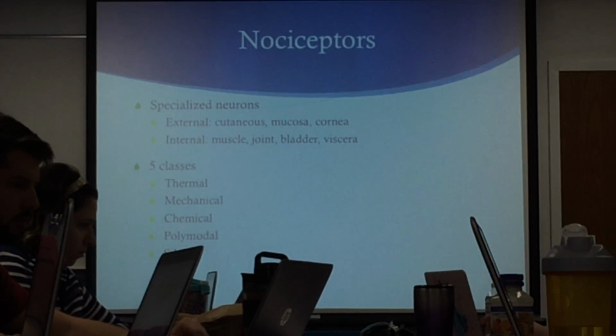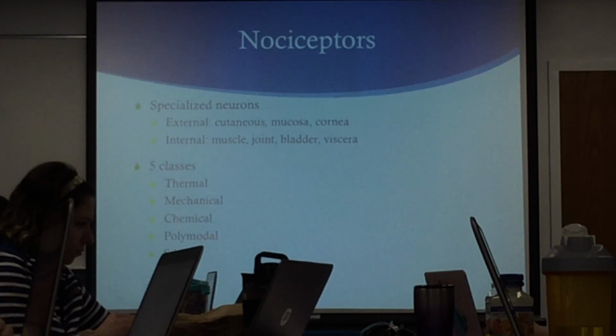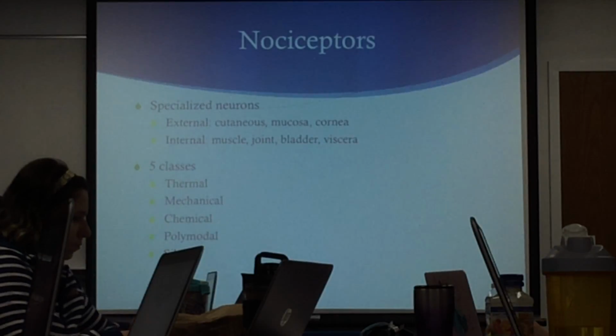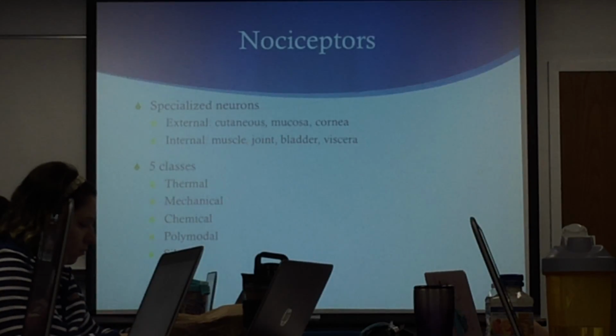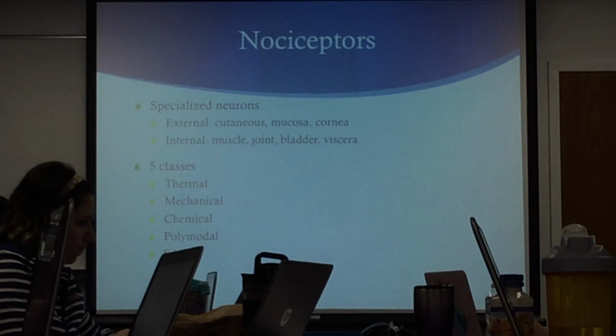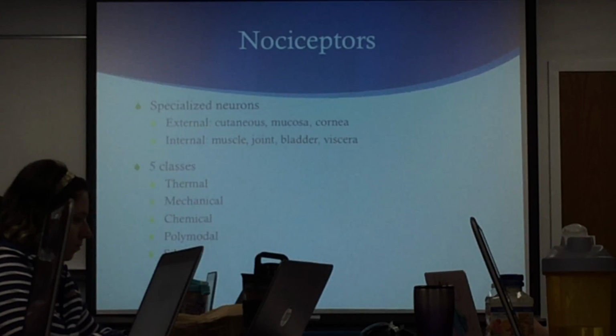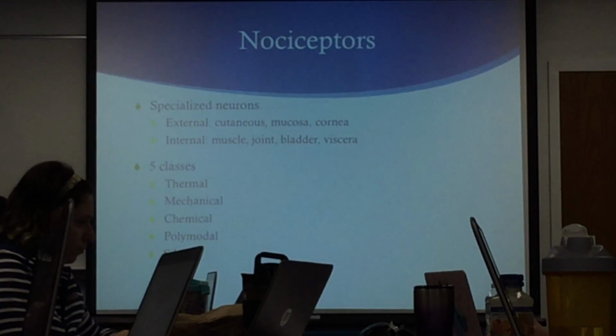So it's important to notice that for a neuron to be classified as a nociceptor, the threshold at which they respond is important. If you apply a thermal stimulus to the area innervated by a particular nociceptor, and it's not painful, then that neuron doesn't respond, but other neurons do.